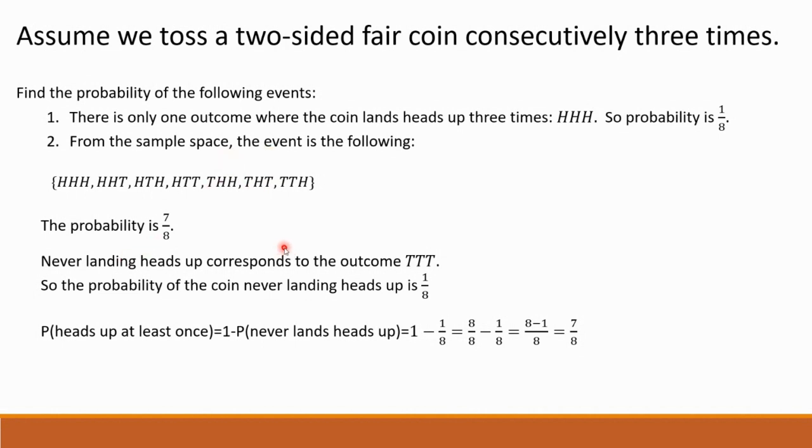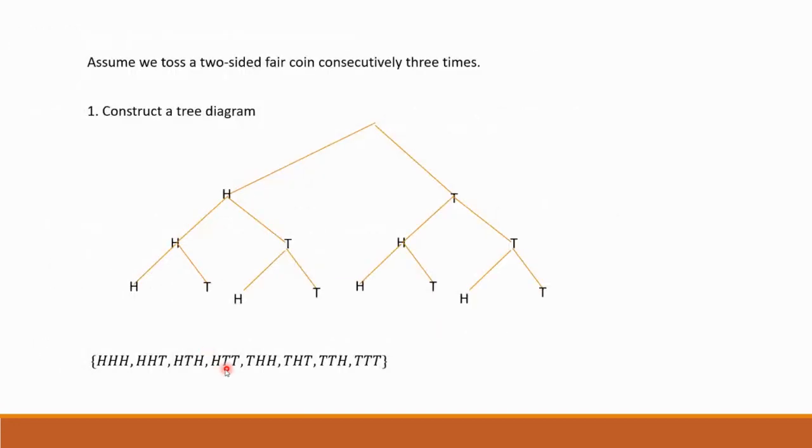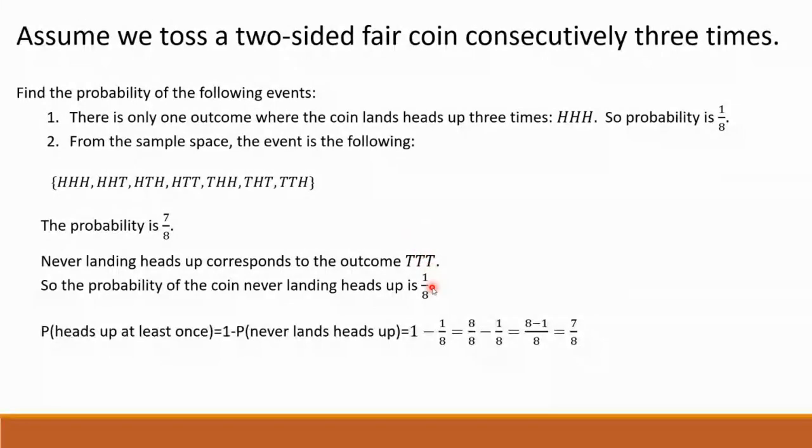Going back to our sample space, there's only one time when that happens, when you have all tails. That's 1 out of 8. The probability of the coin never landing heads up is 1 out of 8.